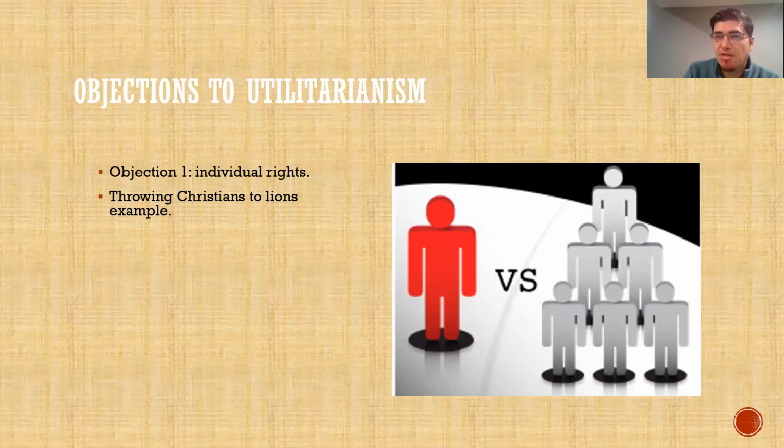As long as their suffering when they're torn apart by the lions is less than the quantity of pleasure and joy that these spectators get from the activity, then utilitarianism seems to imply that that's the right thing to do: to throw Christians to the lions. But that seems horrible. That seems exactly not the virtuous thing, not the right thing. That a moral theory like utilitarianism seems to entail this, at least in some conditions, is a serious objection against utilitarianism as stated.